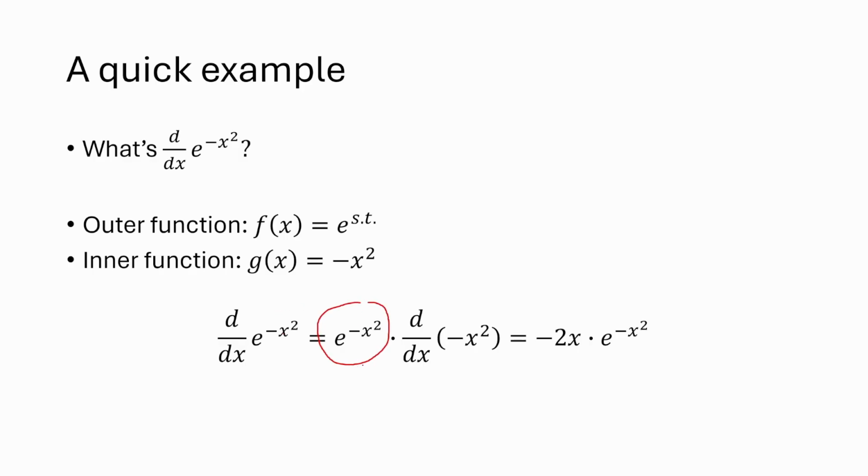So that is our df dx term. But then we also have that times the derivative of g of x. So then we need derivative of negative x squared, which is negative 2x. And then there it is. Derivative of g of x times derivative of f of x. So that's what we're looking at here.